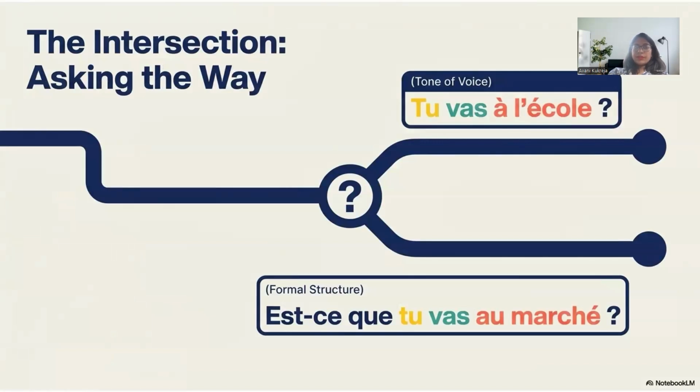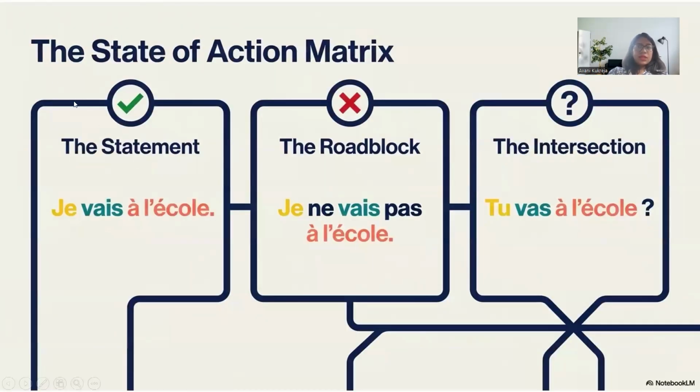Negation. Now, if we have to make a sentence in negation, please remember the rule: ne plus verb plus pas. Je vais à l'école is an affirmative sentence. In negative, it is je ne vais pas à l'école.